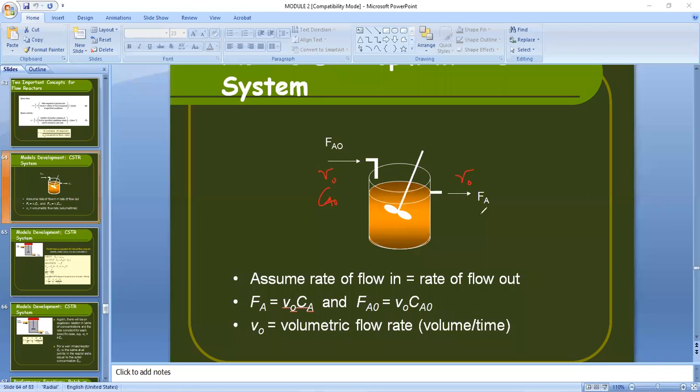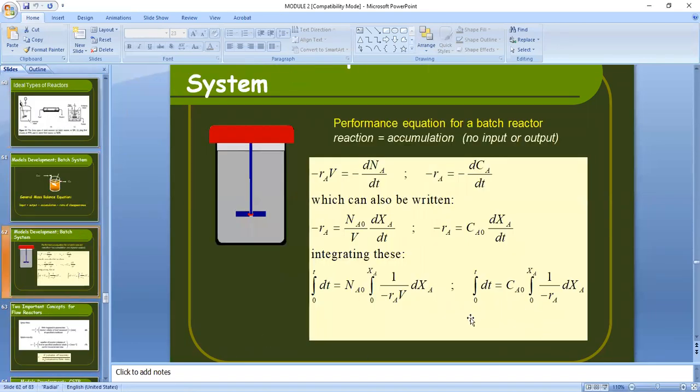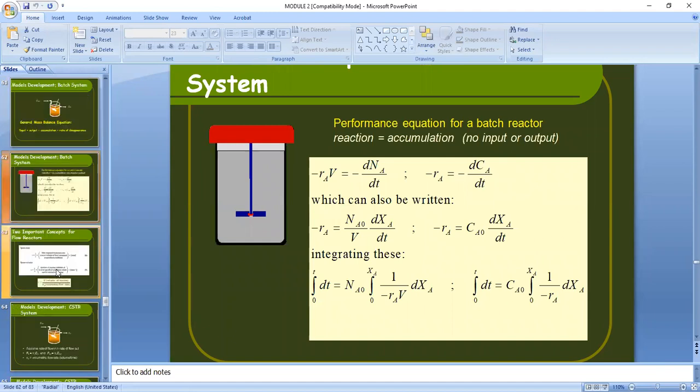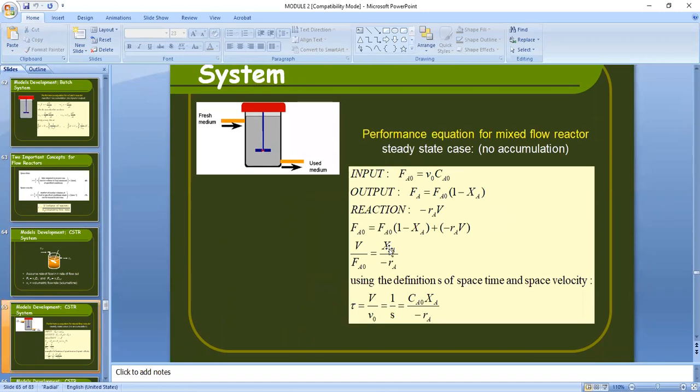Our main concern, if you have already taken note of the formula for your batch reactor, your performance equation for your batch reactor, what is important for the mixed flow reactor is just the same. The performance equation for the mixed flow reactor, where there should not be any, of course, accumulation, because it's a constant volume system.